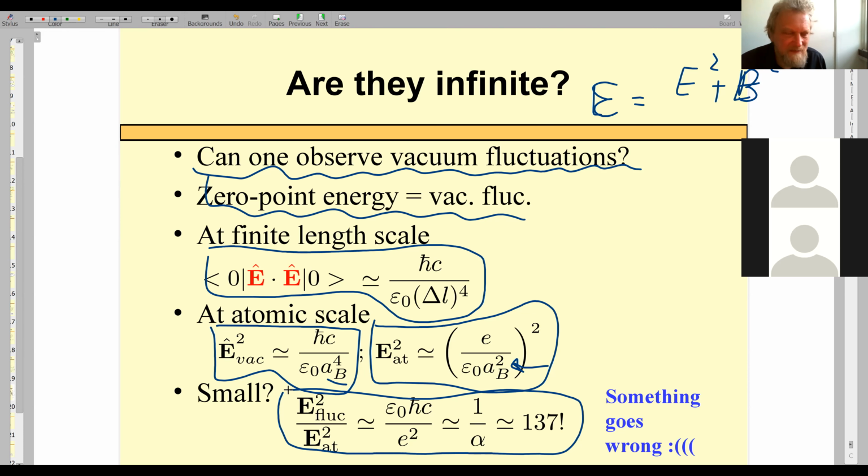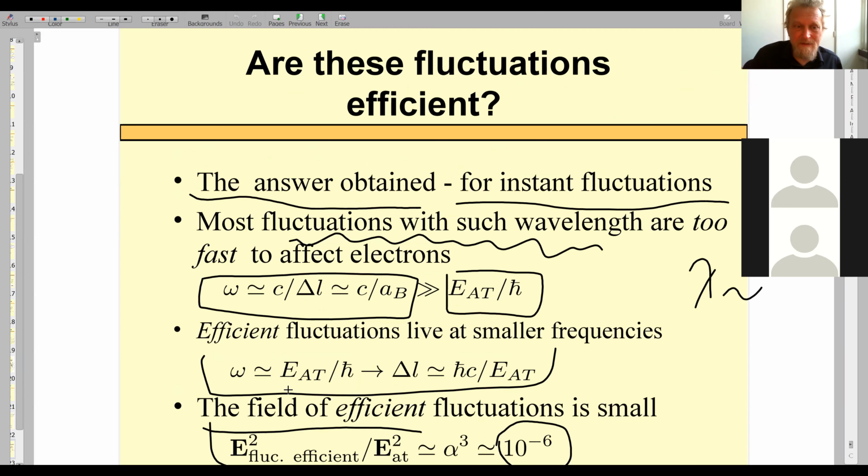Something goes wrong, something is not consistent in our world. Right, if the average field is smaller than fluctuations, then our atomic theory is all wrong. So how to find why it is still consistent?